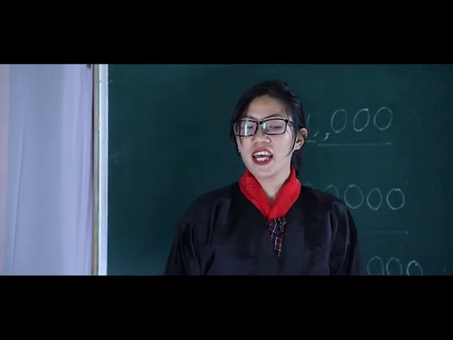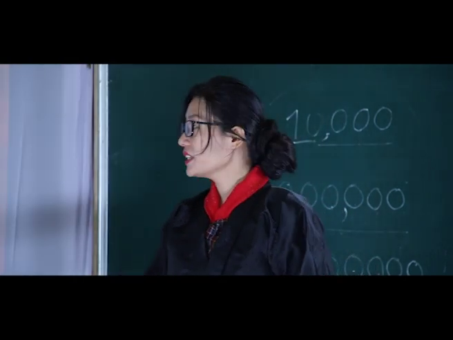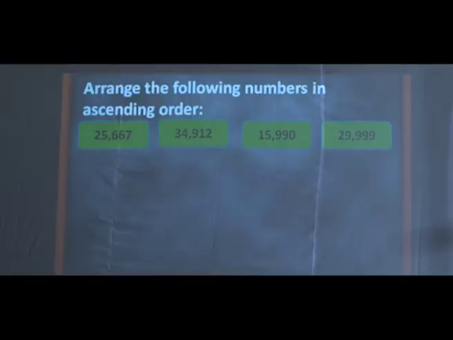What does it mean? It means arranging from least to greatest, right? So which is the least number here? The smallest number. Look at the first digits. The least one is here, right? So this number comes first. Now let's see the second least number. Which of them is lesser? We have 25, 34, 29 as the first two digits.